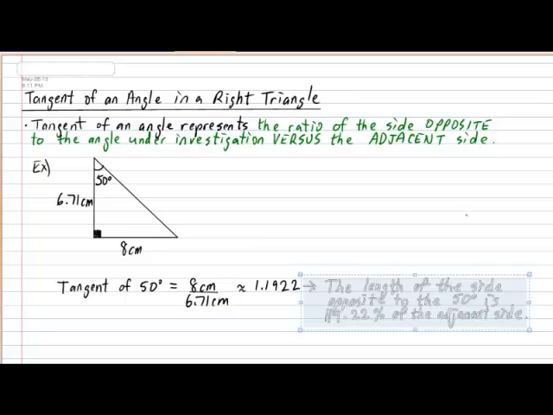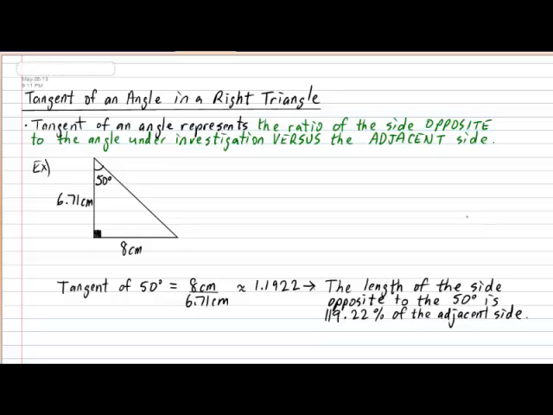It means that in this triangle, where the 50 degrees is under investigation, the length of the side that is opposite to the 50 degrees is approximately 119.2% of the side that is adjacent to the 50-degree angle.